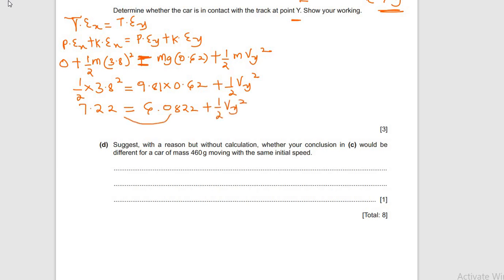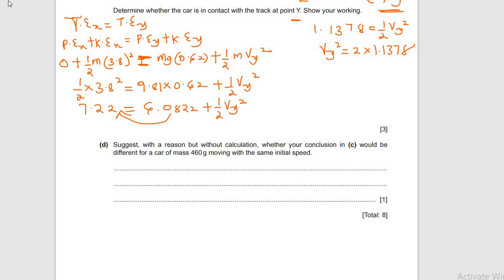So this goes like this: minus 7.22, it gives us 1.1378 equal to half vy squared. At the end of the day, vy squared will be 2 times 1.1378, multiplied by 2.